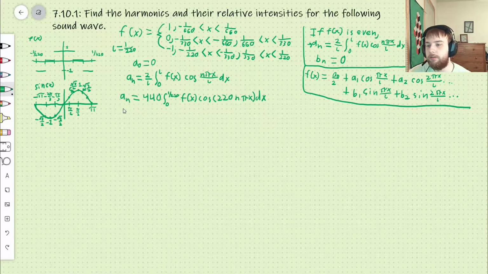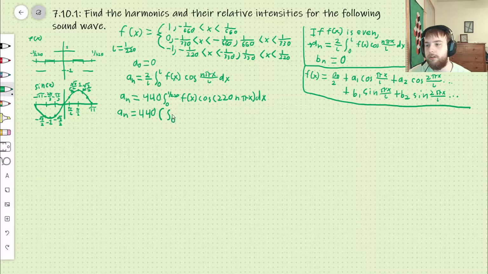And this part here, we're multiplying by a -1 as our f of x, so we're just going to subtract that instead. So we have a of n equals, we'll bring this out front, where we will split up the integral.